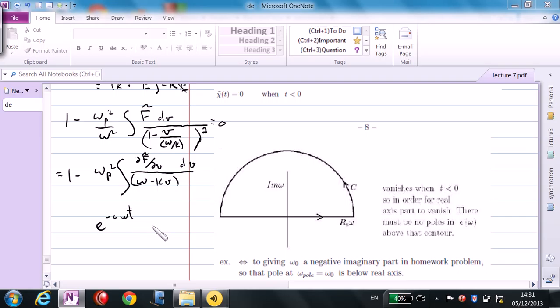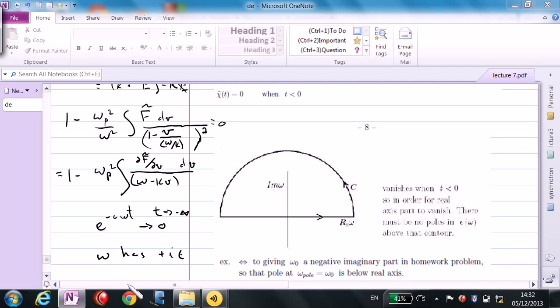Now I want this to go to 0 at t equals minus infinity. When t equals minus infinity, I want omega to have a positive imaginary part. Would that do it? Because t is minus infinity, so it's minus times minus i omega.